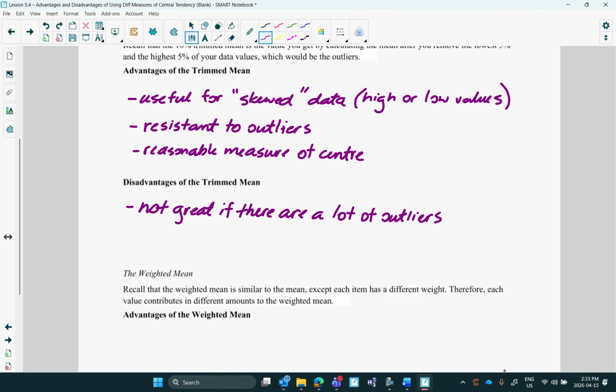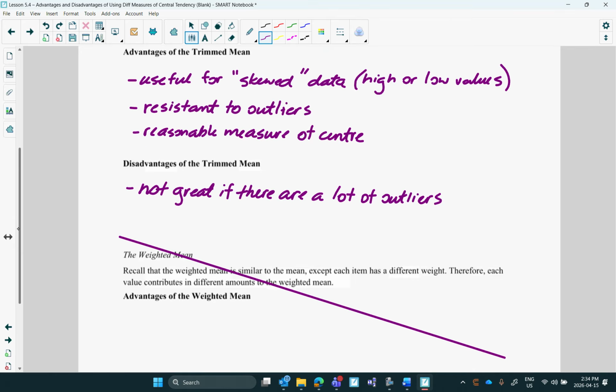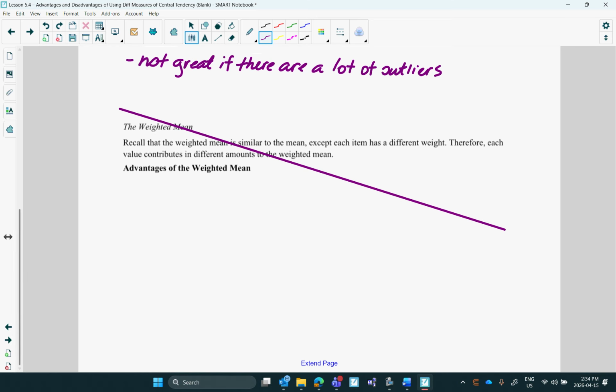And finally, the weighted mean. Remember, that's when we have categories and data values in categories. So what's an advantage of the weighted mean? Well, I guess it could be more visual. Visual, because you put it in a table.